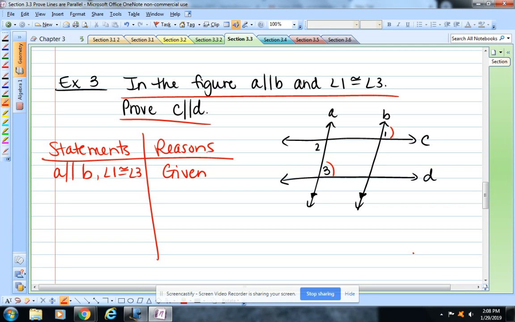They're not corresponding. They're alternate exterior. These are my parallel lines. C is my transversal. Right? So they are on the outsides of those parallel lines and in opposite positions. So those are alternate exterior angles. And what do I know about alternate exterior angles? They're congruent. So I can say angle 1 is congruent to angle 2, and that's because of the alternate exterior angle theorem.